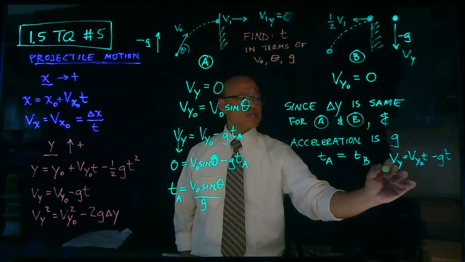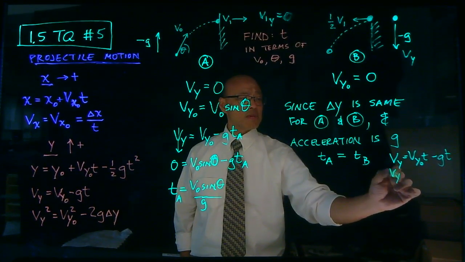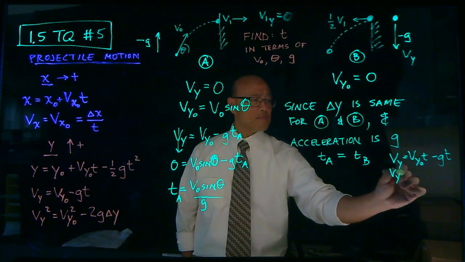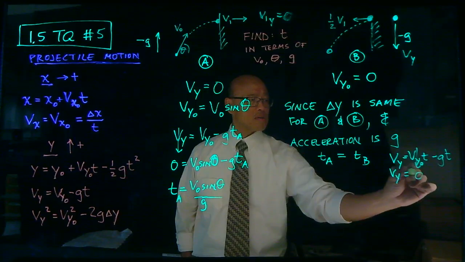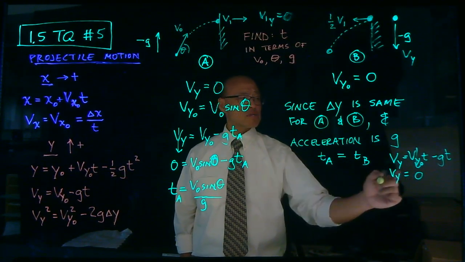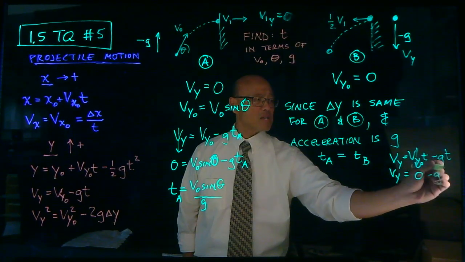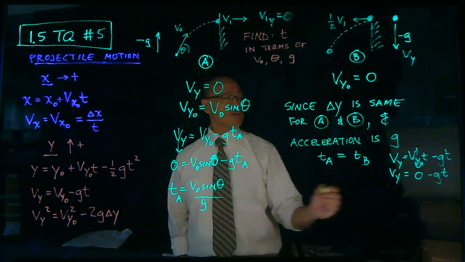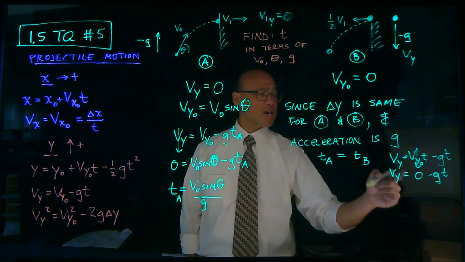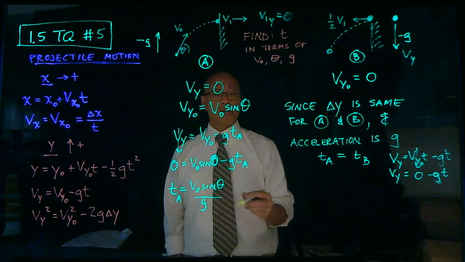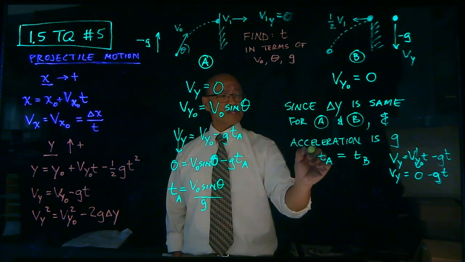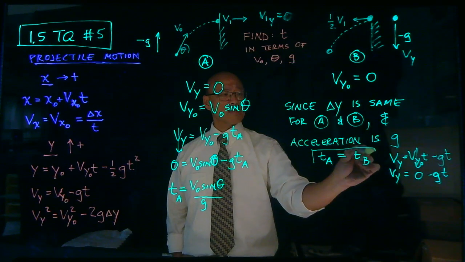In the b direction, I've got Vy at b, and this is all b, but this is 0. So I'm just falling. So that's got to be minus gt. So however long it takes me to do that, I'm just falling. So this is the answer.